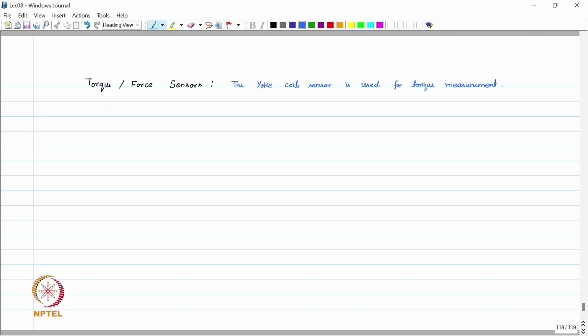So in this yoke coil sensor, we have a U-shaped magnetic pole.